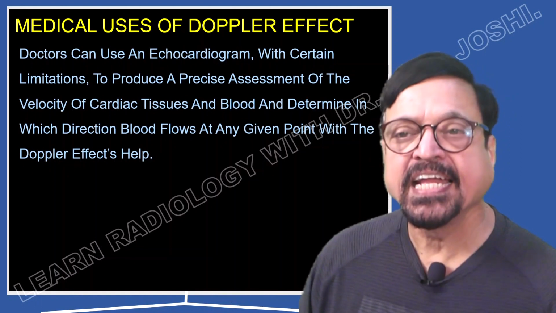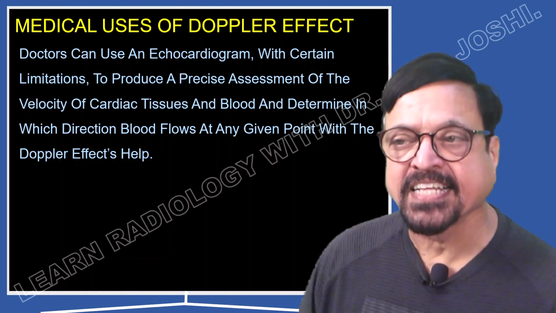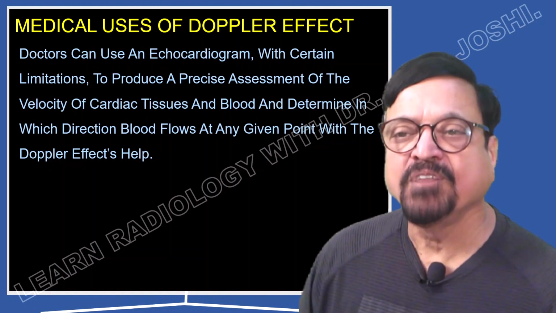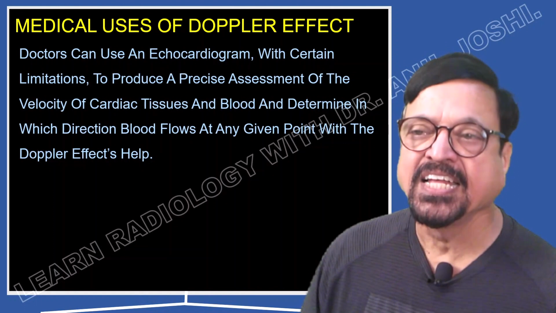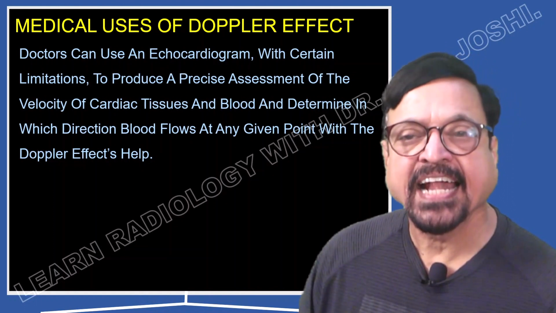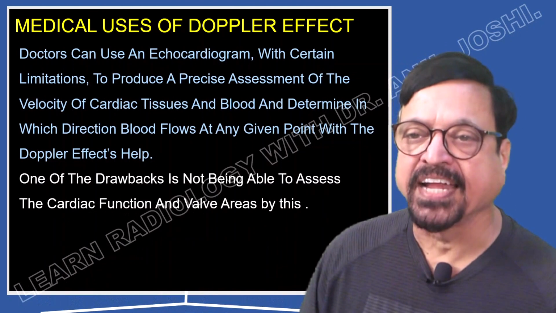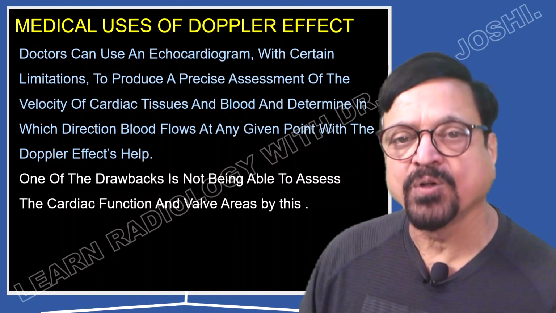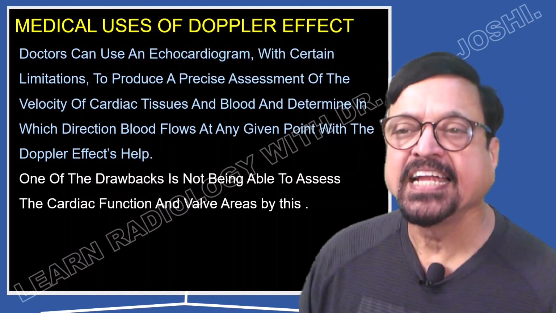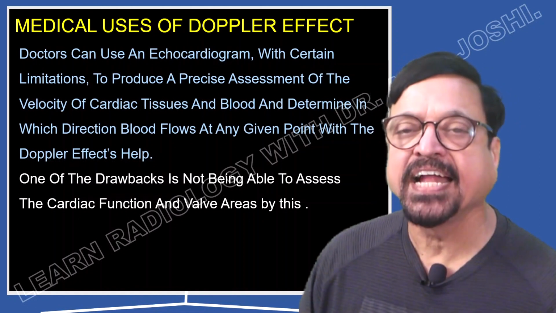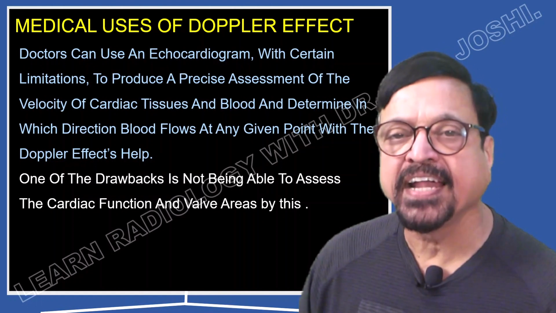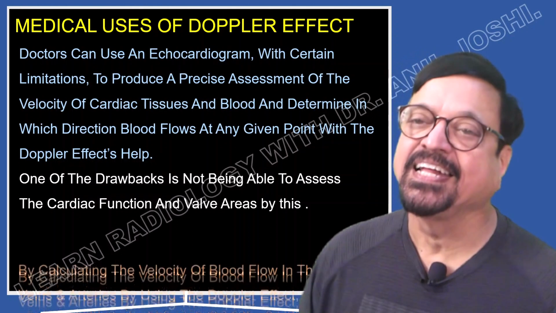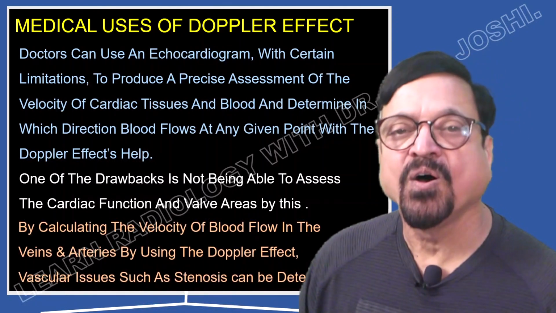But more important, it is also applied in all the vessels, where it can give you the velocity of the RBCs that are approaching; for that we use the Doppler effect. One of the drawbacks of the Doppler phenomenon is that it cannot give you the function of that area. Suppose you are using it for cardiac purposes, it cannot give you an idea of function, but it does give you the effect, that is, if there is stenosis or otherwise.